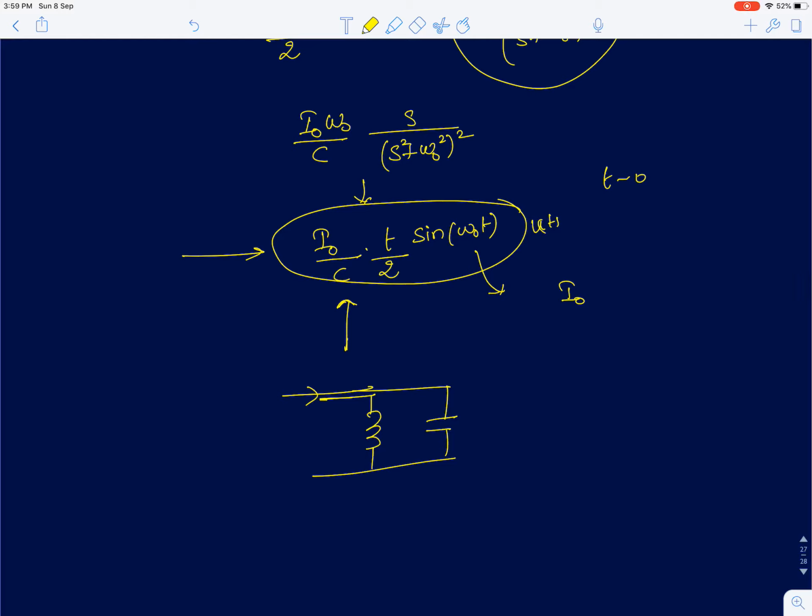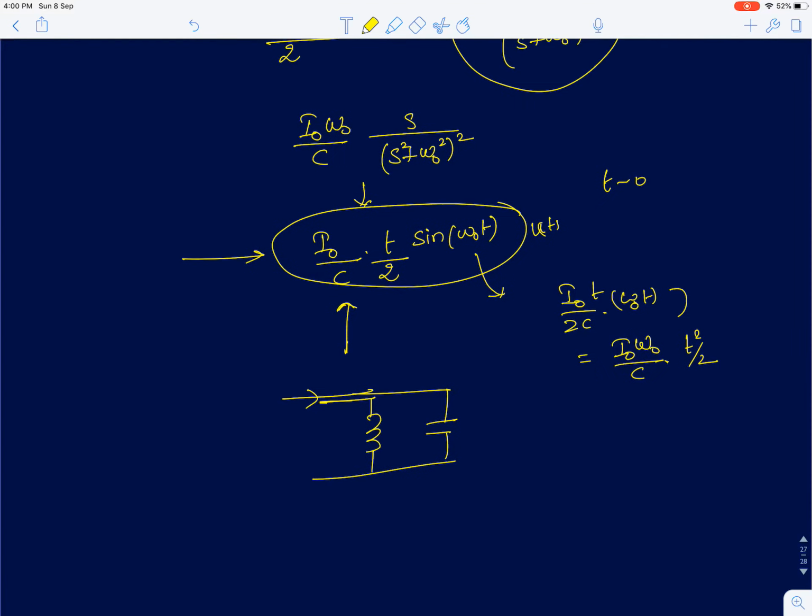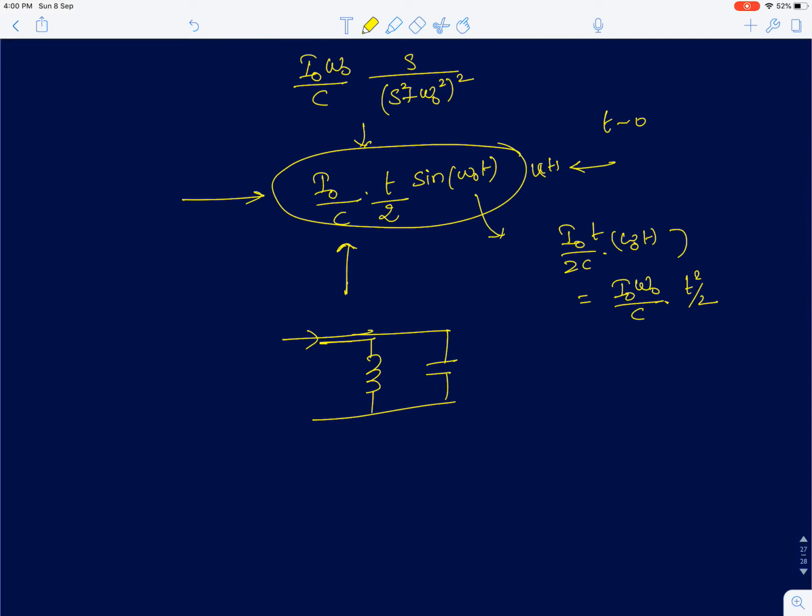So this function will reduce to I naught t by 2c into omega naught t. So you would get a result I naught omega naught by c into t square by 2. This is the result you get from this equation. Now if I can show using some simple approximations that we'd get the same result at t close to 0, then that's a good enough verification for the equation that we have here.